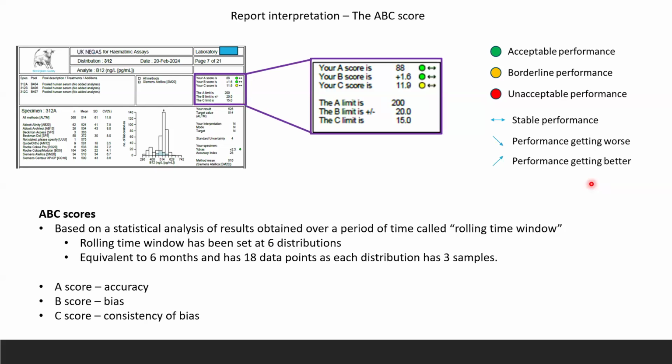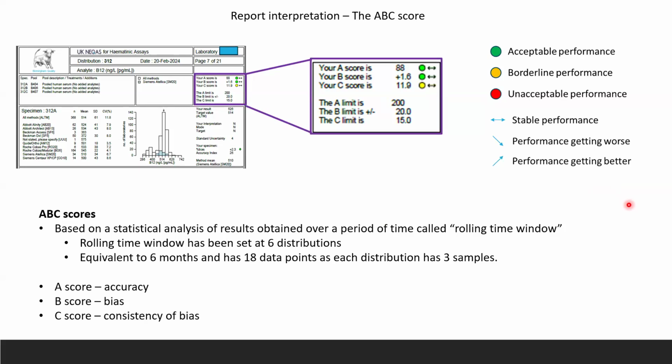Now the ABC scores, which we are all used to interpreting when we look at our EQA results. ABC scores are based on statistical analysis of results obtained over a period of time, called the rolling time window.